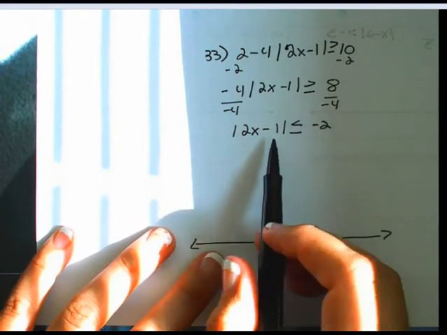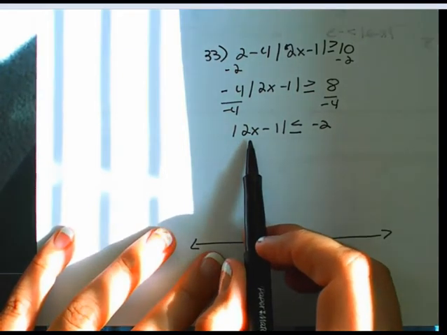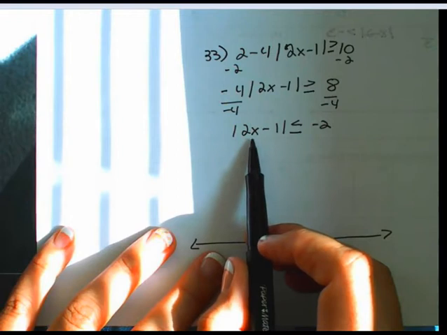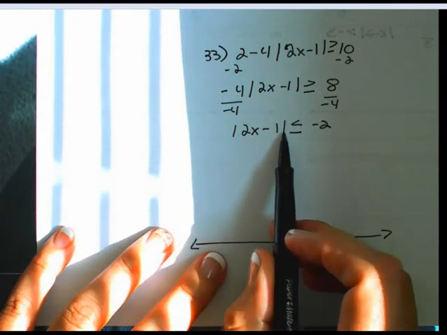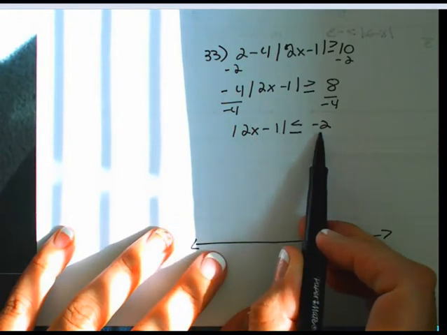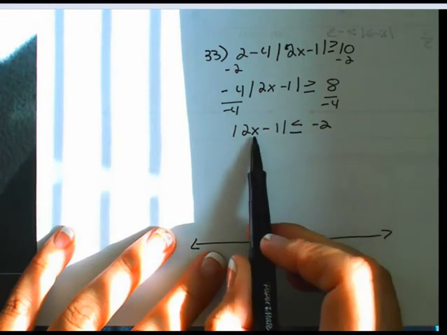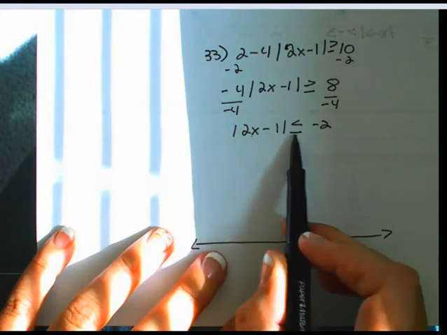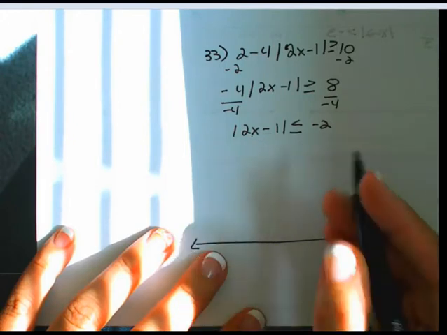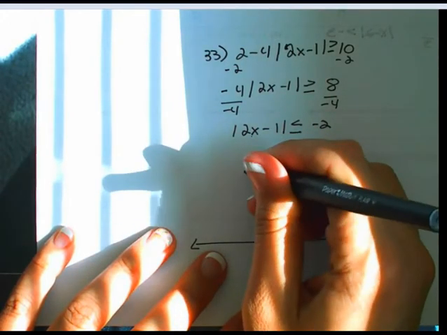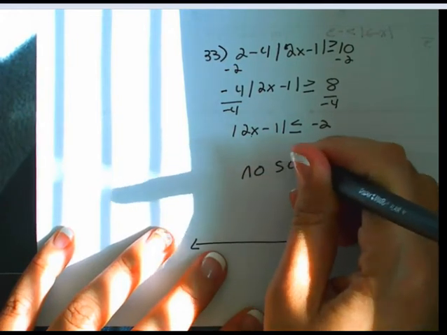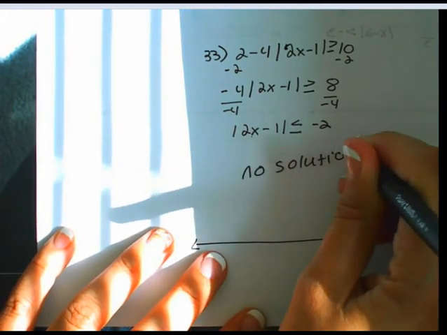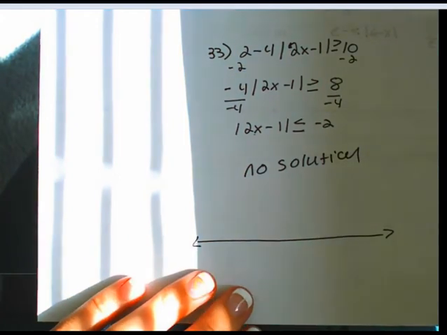Check for special cases. The absolute value of 2x minus 1 is less than or equal to negative 2. So the question is, can the absolute value be less than a negative number? It cannot. So that means that this is no solution. So you wouldn't put anything on the number line. That one would be no solution.